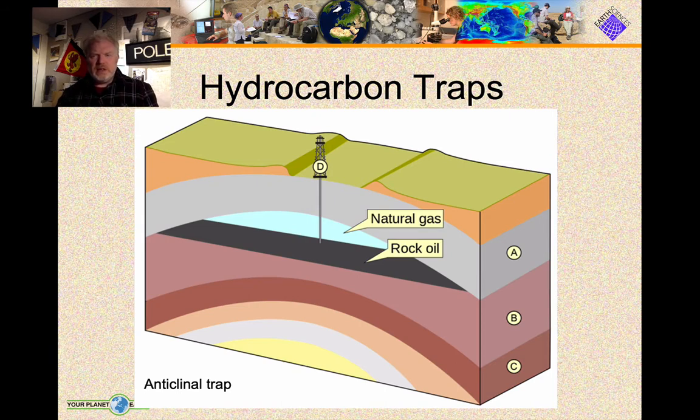And here we can see our three rocks: C, our source rock; B, the reservoir rock; and A, the cap rock, occurring in the right sequence and having been formed into an anticlinal shape. This creates a dome where, as oil and gas is migrating upwards, will allow that gas and oil to accumulate. Notice how they're stratified by their density.